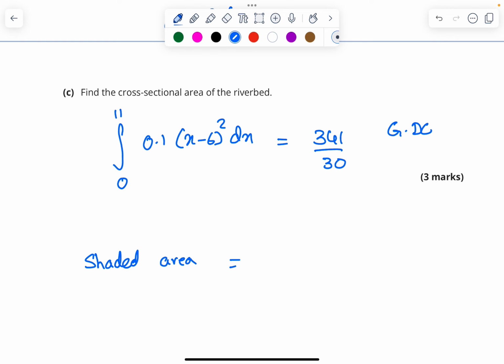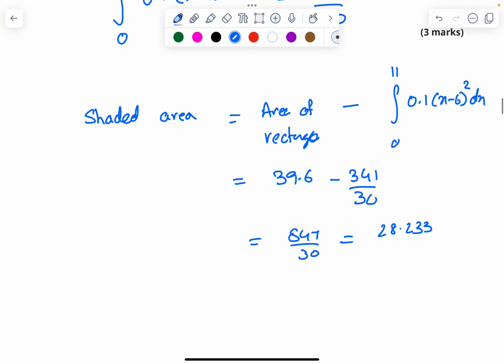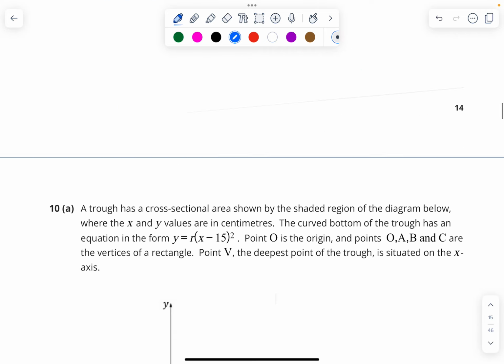Shaded area will be the area of rectangle minus integral of 0 to 11 of 0.1 times x minus 6 whole square dx. So area of the rectangle is 39.6 minus 341 upon 30, which is 847 upon 30, which is going to be 28.2333. That's going to be the answer, or 28.2 meters square. That is the final answer.